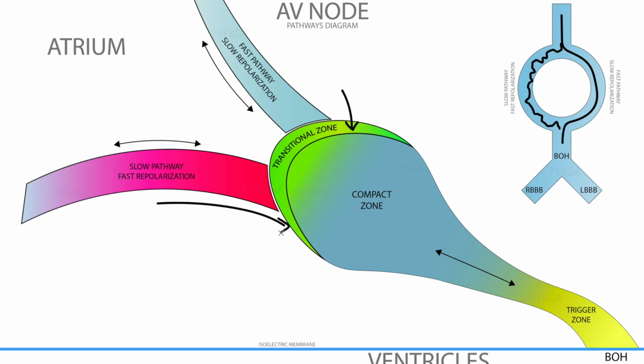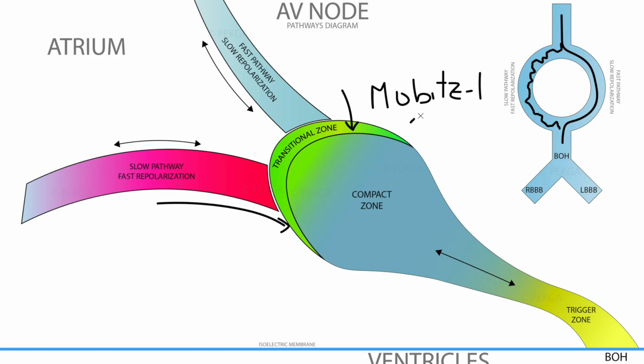And it comes down from the SA node, right, via various pathways, but I don't want to expand into that subject too much here. And in this transition zone is typically where you see your Mobitz-I. So this is typically where you see Mobitz-I or Wenckebach. So Mobitz-I, Wenckebach, same thing.